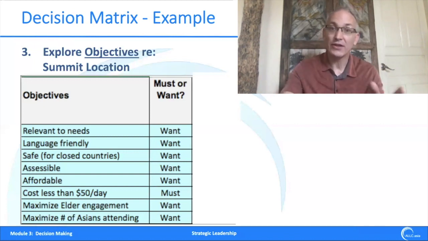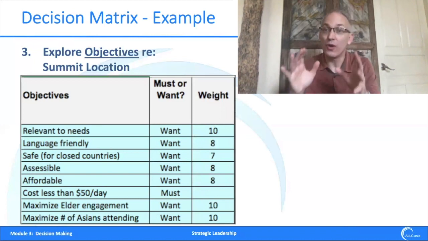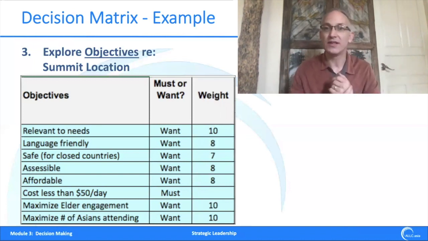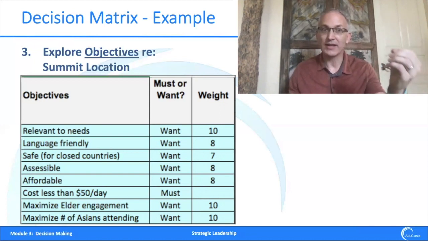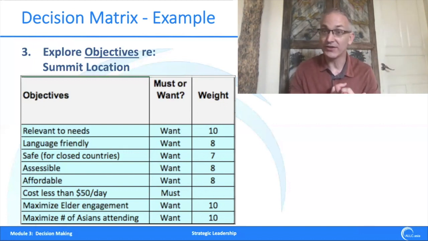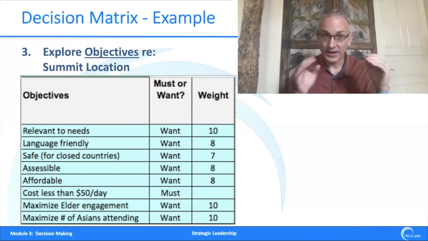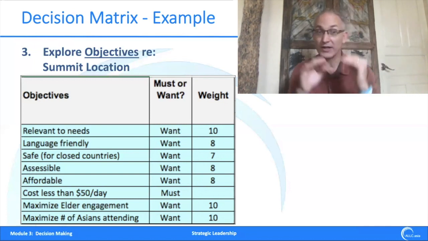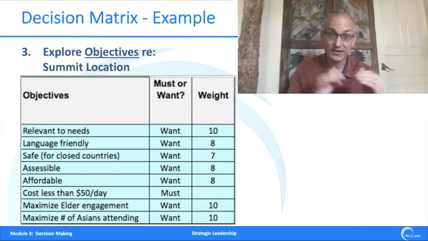And once you've done that and you have all your wants identified, then for the wants, you need to say which of these are the most important wants and start with the most important one and make it a 10. So in our case, we had 3 things we said were the absolute most important. Has to be relevant, has to maximize the number of elders who can come, and then maximize the number of Asians who can come. And then everything else was still important, but not quite as important, right? So you can see how something's got a 7 or 8.